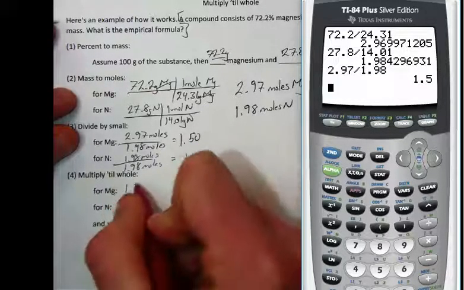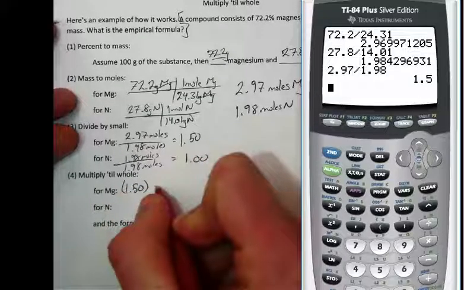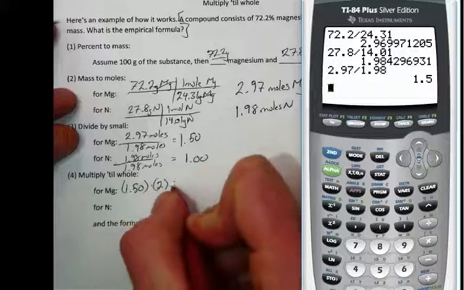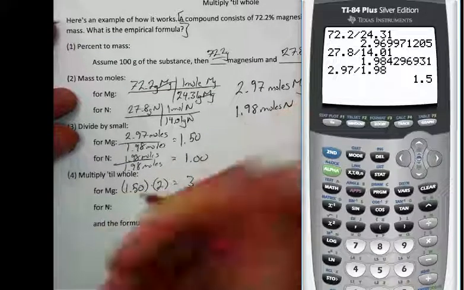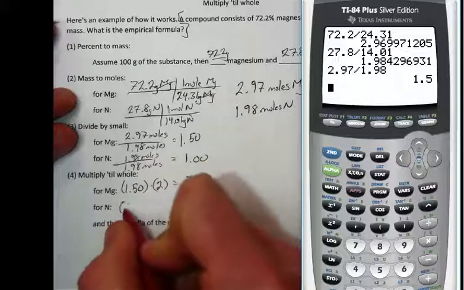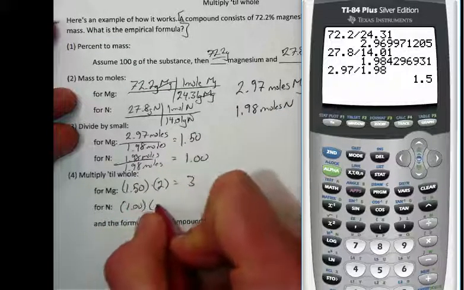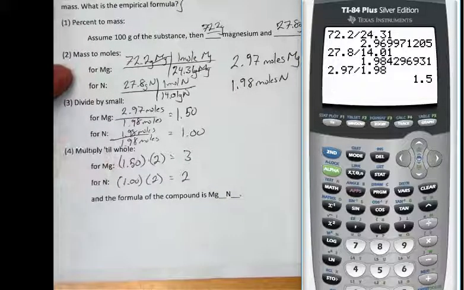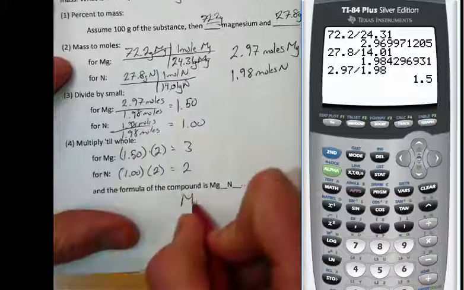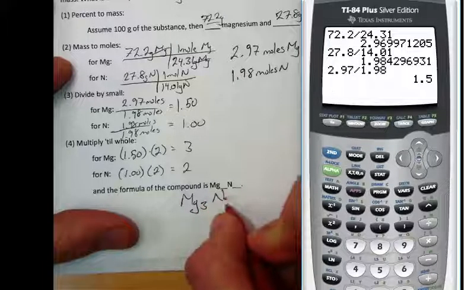So we say 1.50 times 2 equals 3. And then for nitrogen, whatever we do to one, we have to do to the other. So we say 1.00 times 2 equals 2. So that means that our formula is Mg3N2.